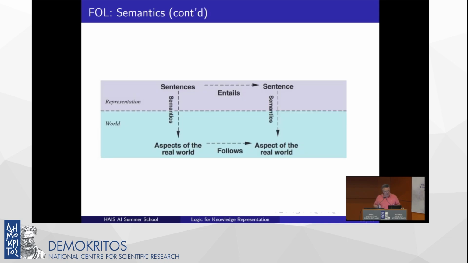Before I continue and move to the third ingredient of a logic, notice how we want entailment to behave. If we have a world, and then something happens, and then something follows from that situation, so if I have this, and I throw it to Christina, and Christina catches it, the world changes in that way.